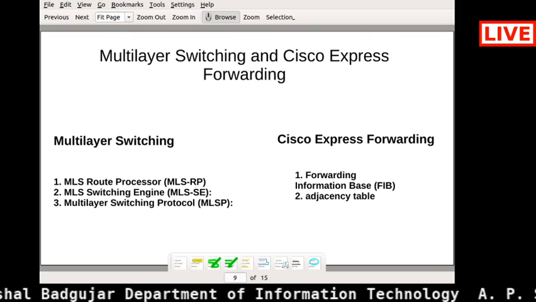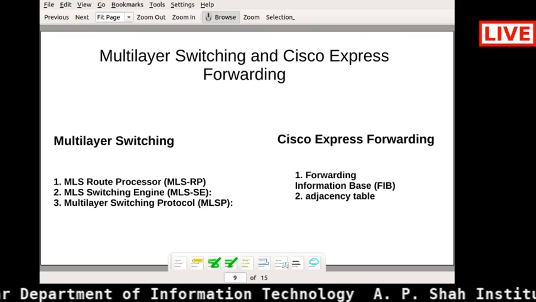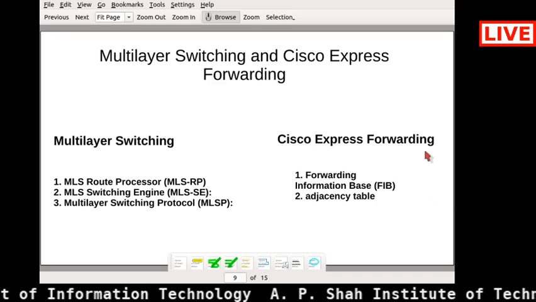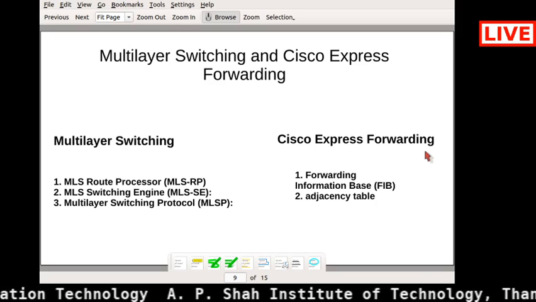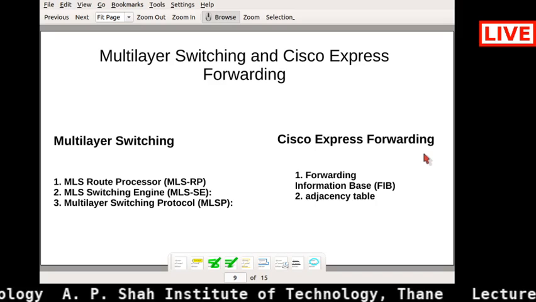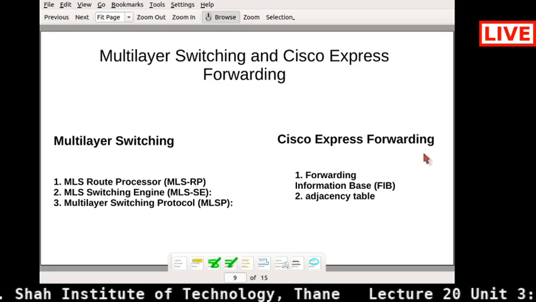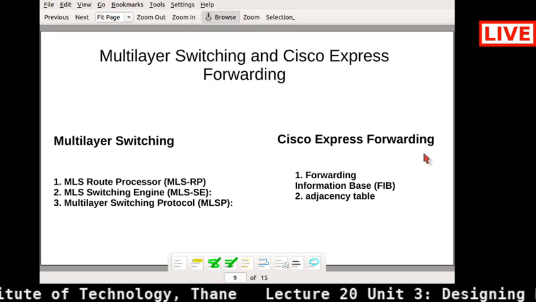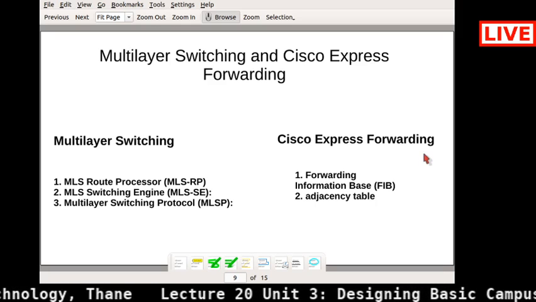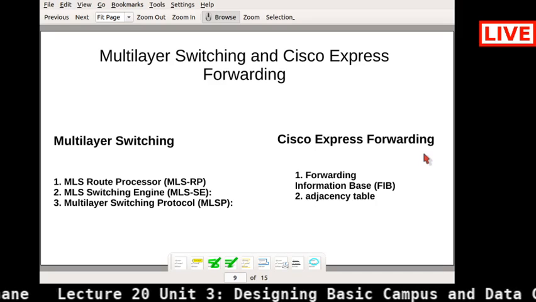Then we will see the multi-layer switching and the Cisco Express Forwarding. This particular point, multi-layer switching, we already covered in our previous session when we were studying structuring and modularizing the network.